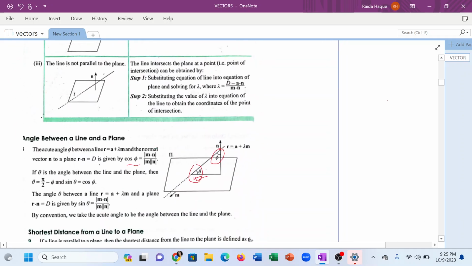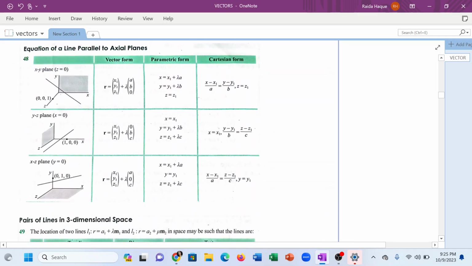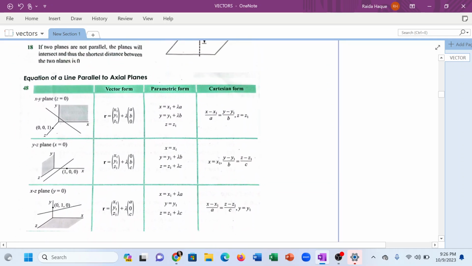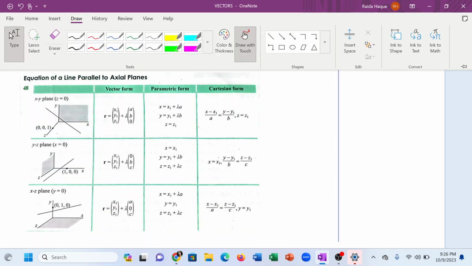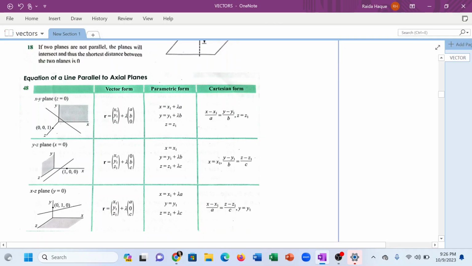Now, if you're trying to find the equation of a line parallel to an axial plane, what will that be? The direction vector is fairly simple. For the xy plane, z is 0. So if the line is parallel to that plane, the z value has to be 0 in the direction vector.